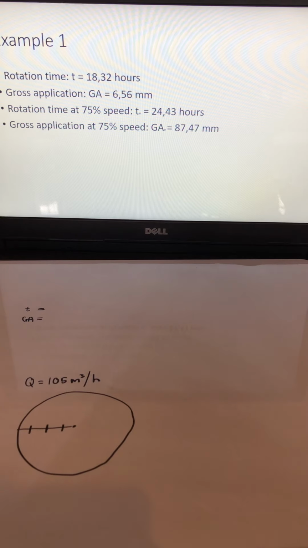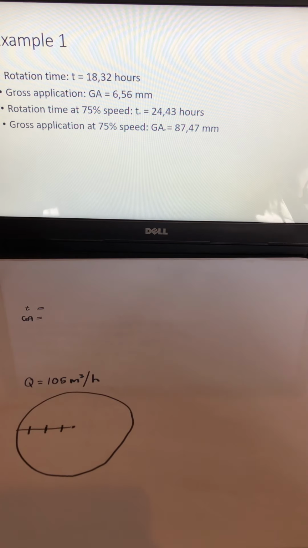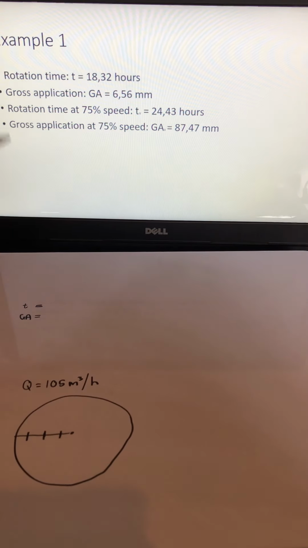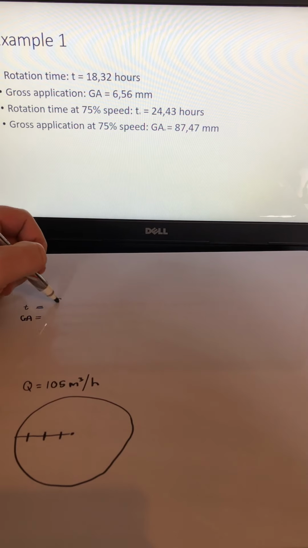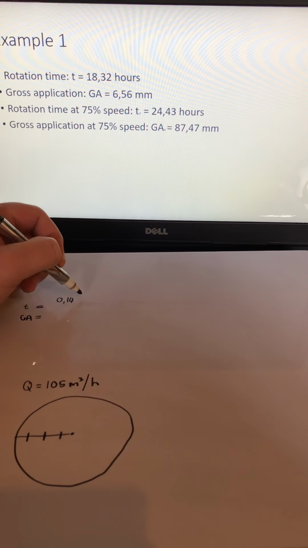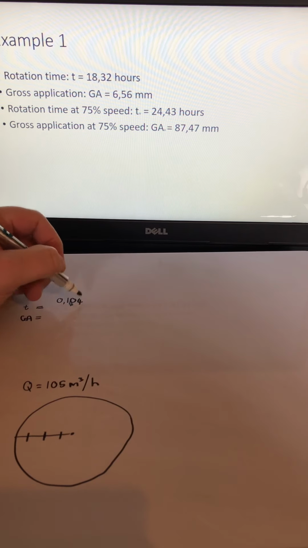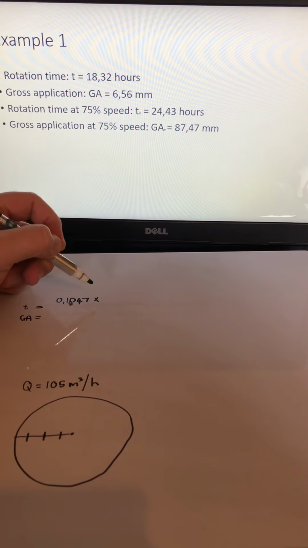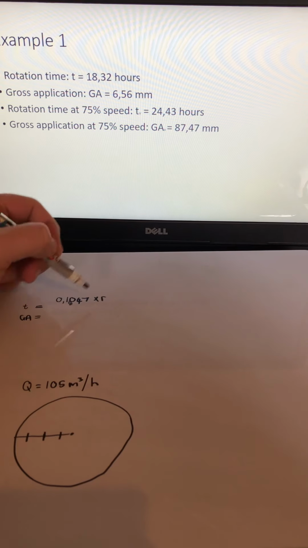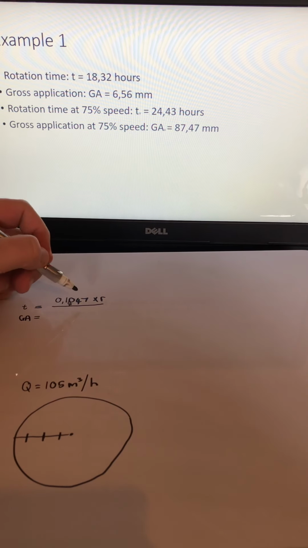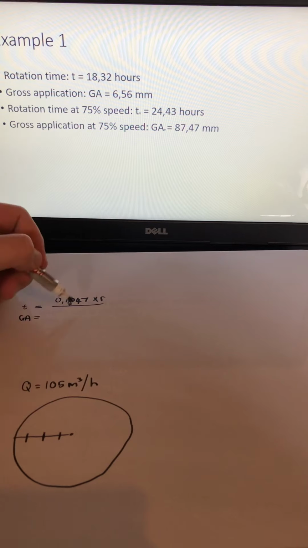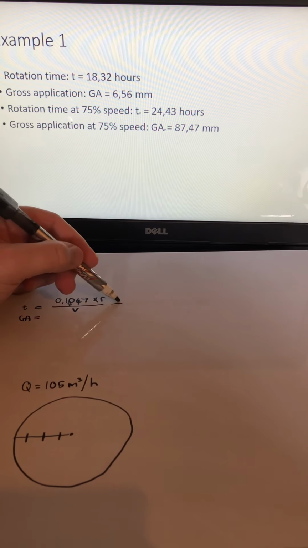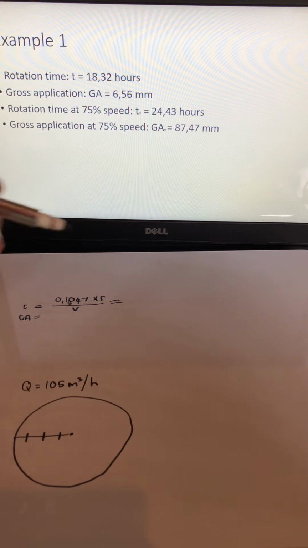So firstly, let's write down the formulas. In order to calculate this rotation time, we need this formula of 0.1047 times R divided by V. So this is the time for rotation.